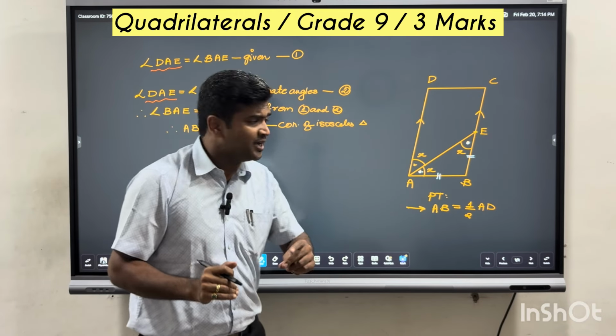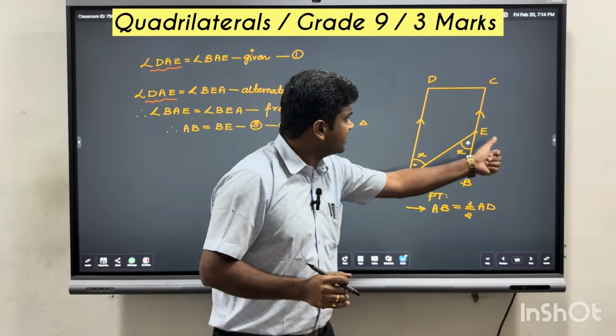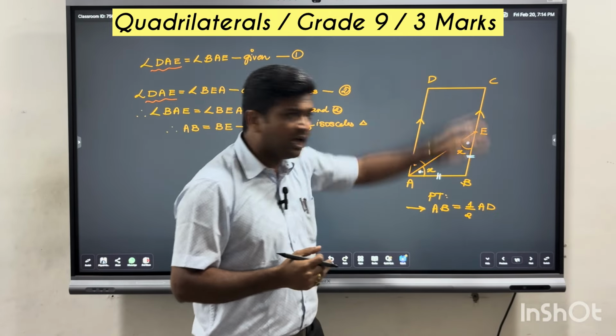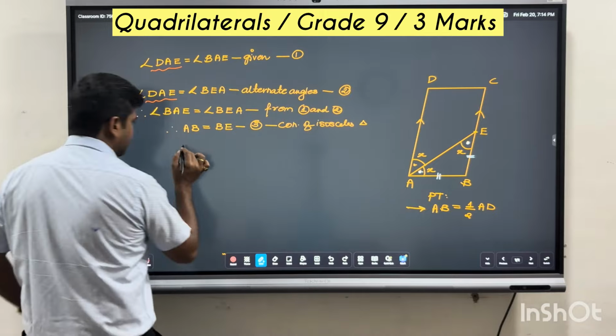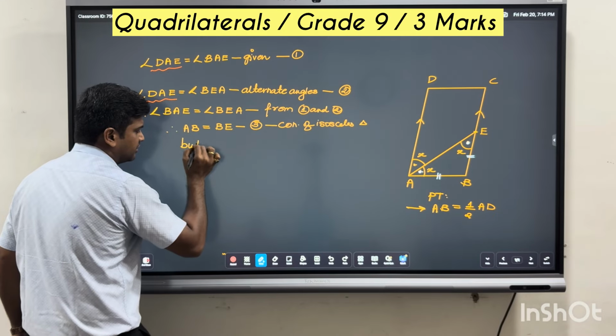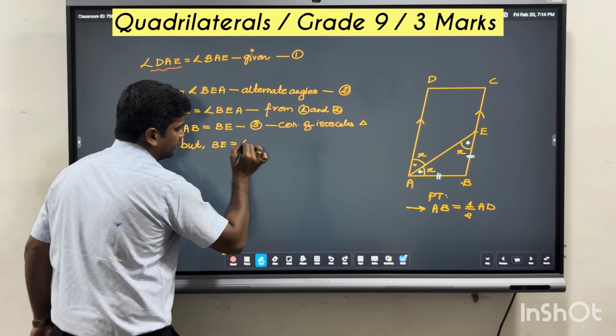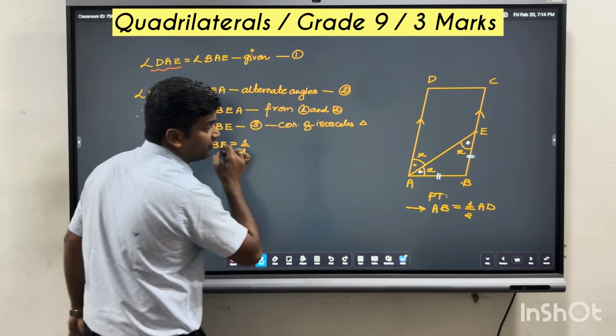Now, E is the midpoint of BC. So I can say that BE is half of BC because E is the midpoint. BE is 100% half of BC.